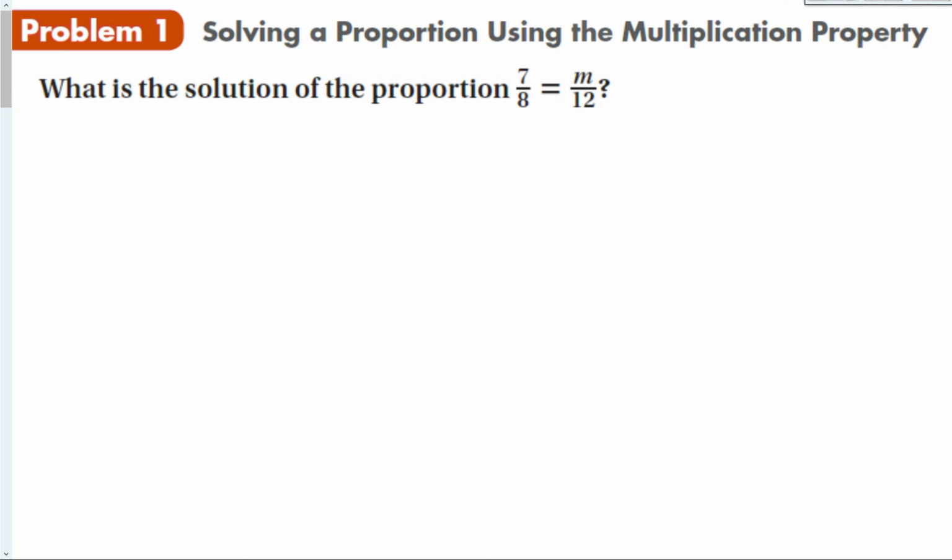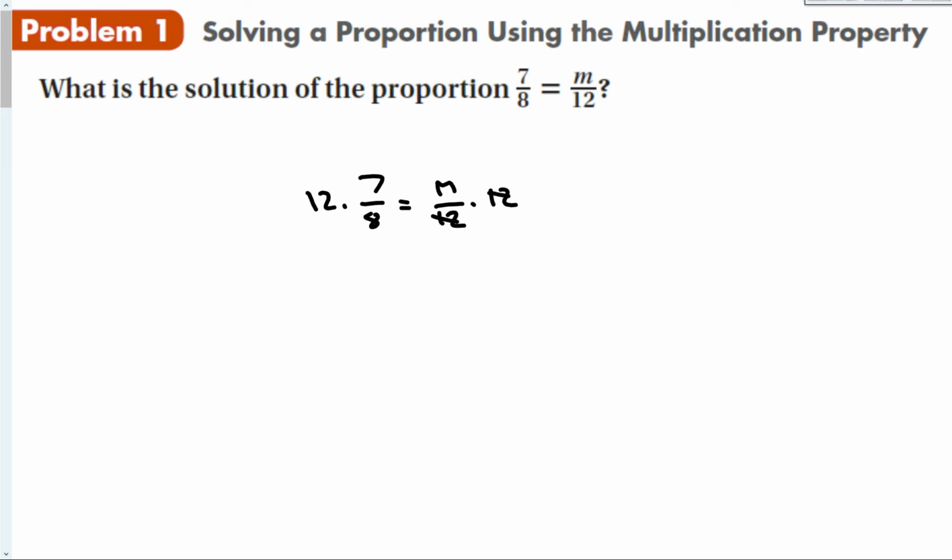So let's look at our first proportion here. 7 over 8 is equal to m over 12. And let's solve this using the multiplication property. Well, my variable m is divided by 12. So what I can do is multiply both sides of this equation by 12. Those will cancel out.